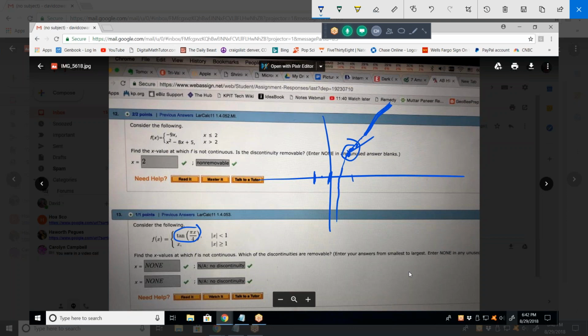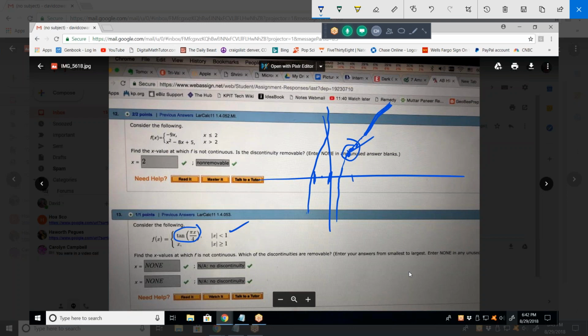When x is negative and less than 1, then it would be this function, the tangent function. I think that looks the same thing, doesn't it?